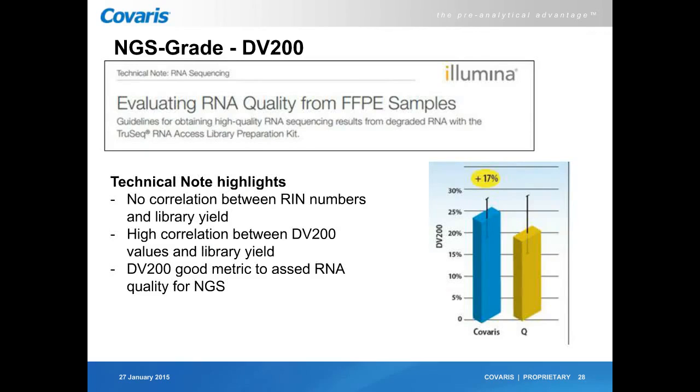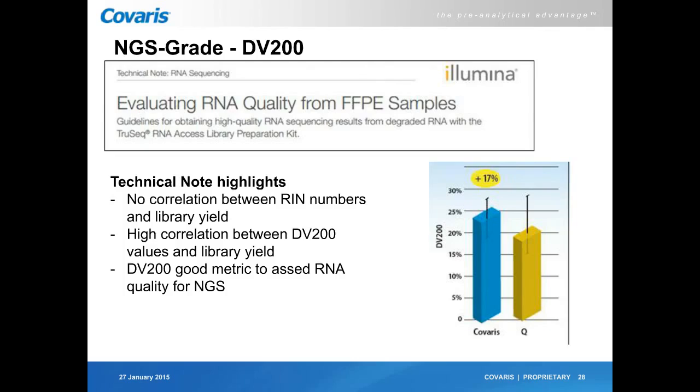Illumina recently published a technical note evaluating DV200 as a metric to assess RNA quality for NGS sequencing. Just repeating the highlights: people usually use RIN numbers to assess RNA quality, but actually there is no correlation between RIN numbers and library yield for FFPE samples.